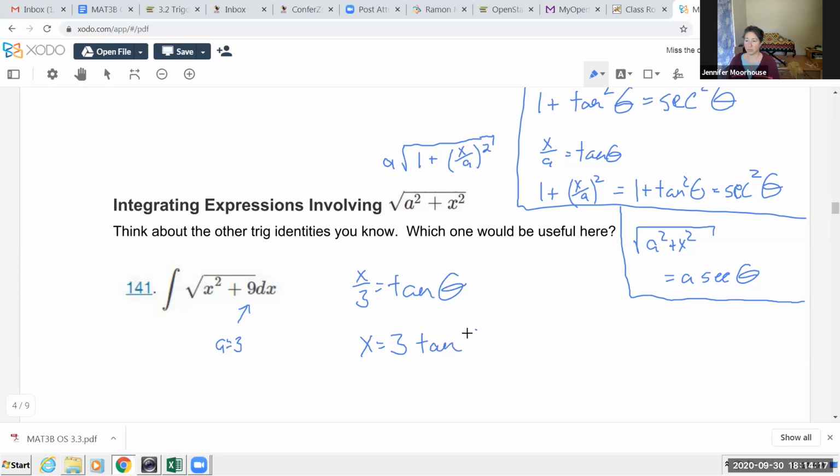Which means then that the dx, well, I have to think about the derivative of tangent. The derivative of tangent is secant squared.